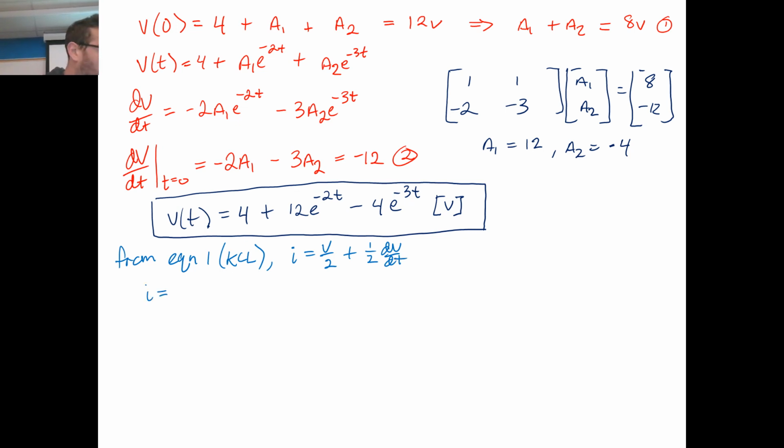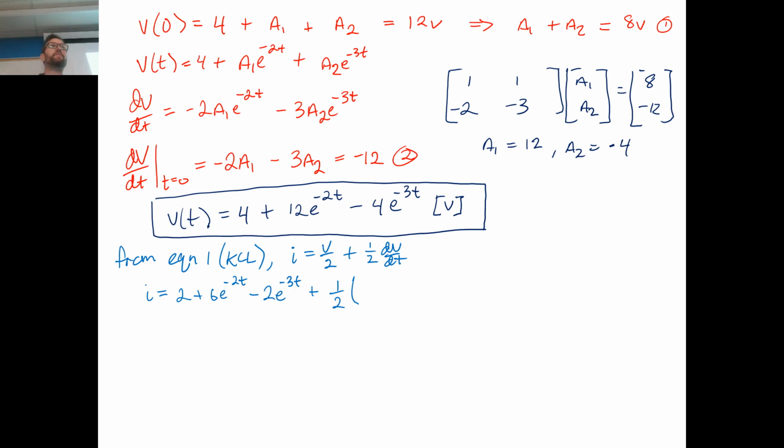We have that I is equal to, so half of V, right? So we're going to divide all the terms, constants and coefficients, by 2. So the 4 over 2 gets us 2. 12 over 2 gets us a plus 6 e to the minus 2t, plus minus 4 over 2 gets us a minus 2 e to the minus 3t. And then we're going to add 1/2 of the derivative of that. So let's go ahead and put the half out front, just to keep our wits about us here.